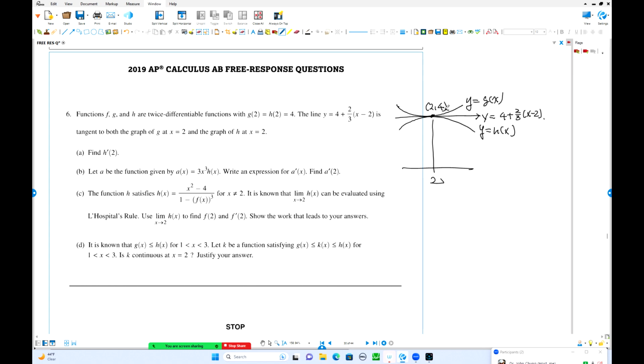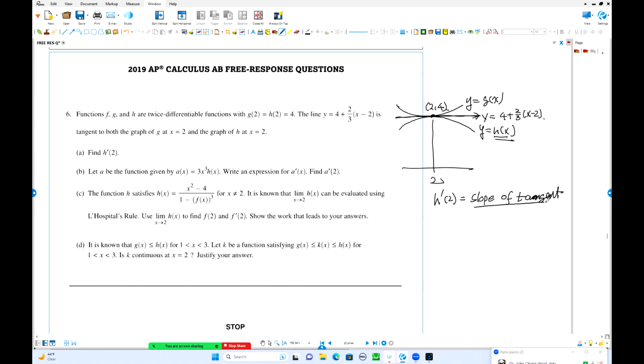So now let's find g prime of 2 and h prime of 2. What is h prime of 2? This is the h graph. H prime of 2 is the derivative at x equals 2, which is the slope of the tangent line.